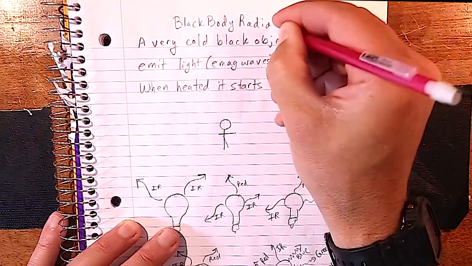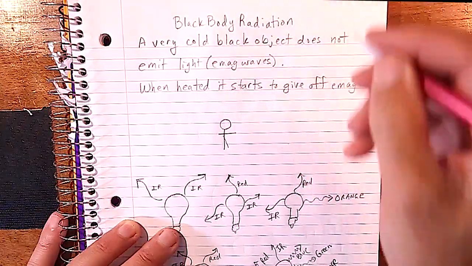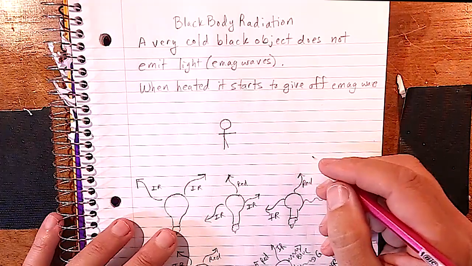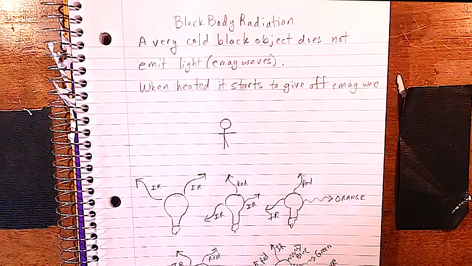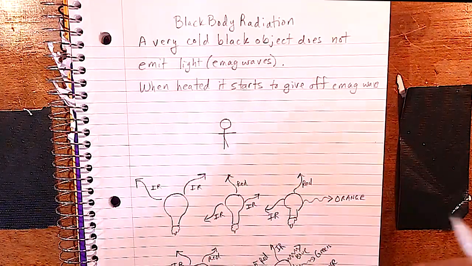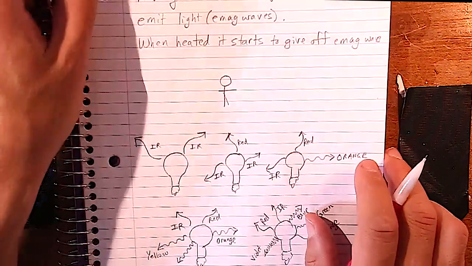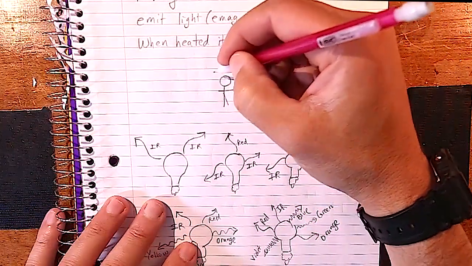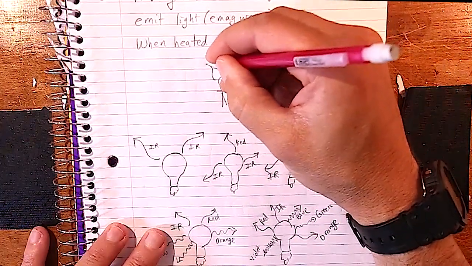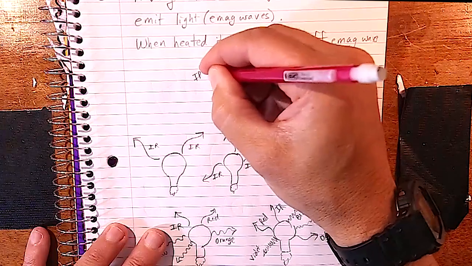And the theory of black body radiation says that when you take an object and you start to heat it up, it will start to produce light in higher and higher frequencies. So just think about your own body. Your own body is hot. It gives off infrared radiation.